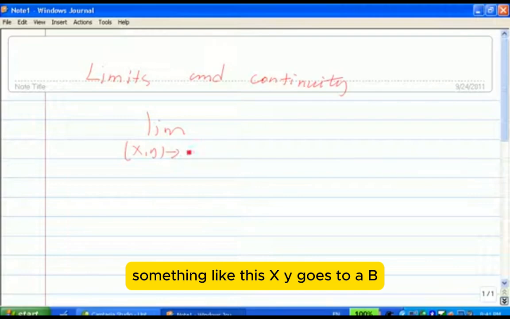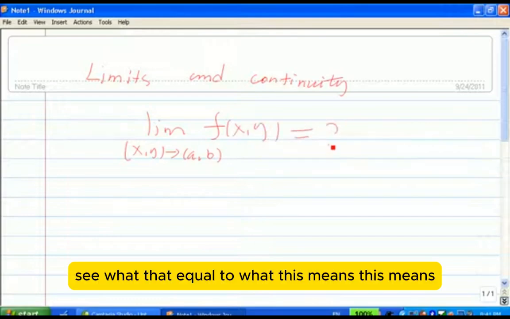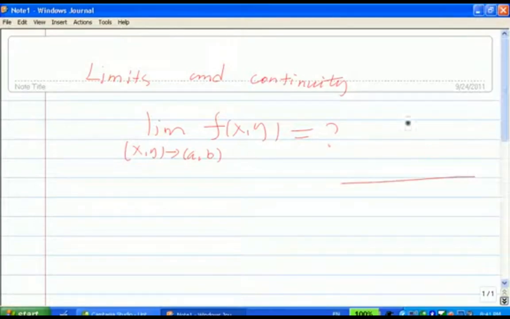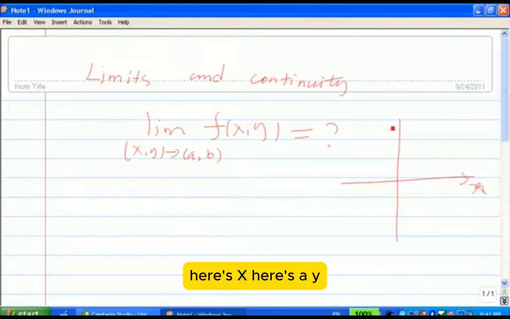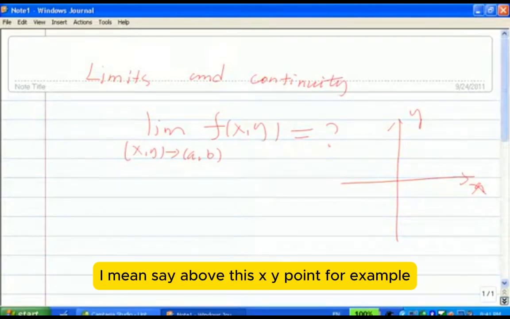The limit as (x, y) goes to (a, b) of f(x, y). What does this mean? Here's x, here's y. Remember, f(x, y) is a surface above, say, the xy plane.